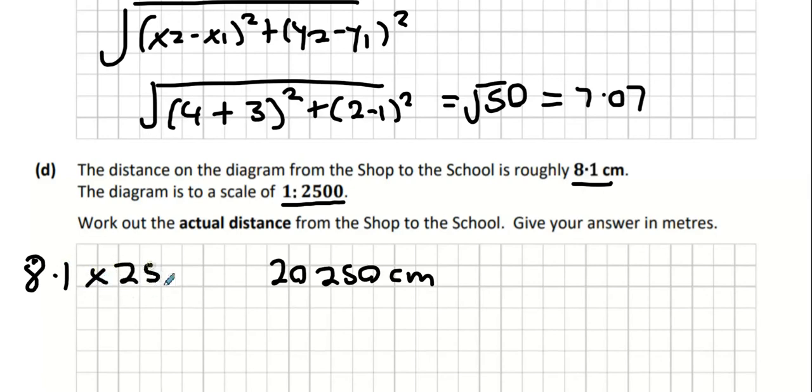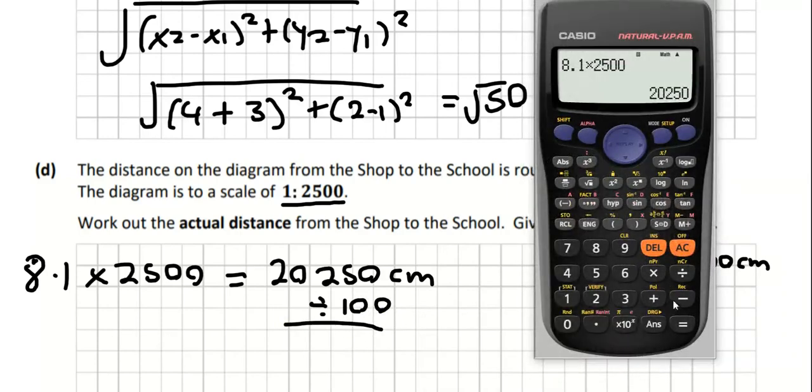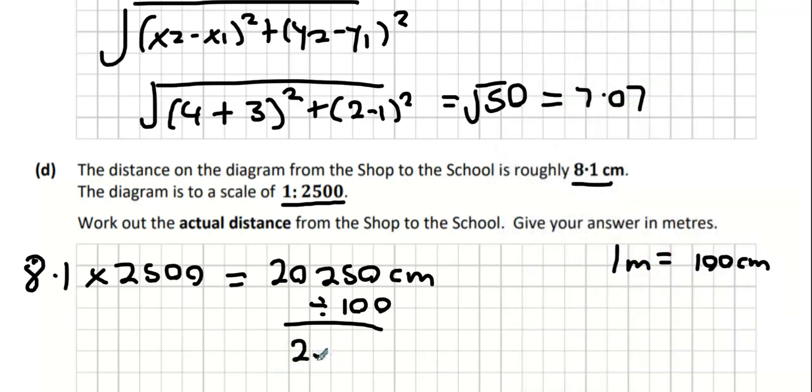Now we have to give the answer in meters, and we know that 1 meter equals 100 centimeters. So we're going to have to divide this answer by 100, and when we divide that answer by 100, what we're going to get is 202.5 meters. Okay, that's done quite quickly.